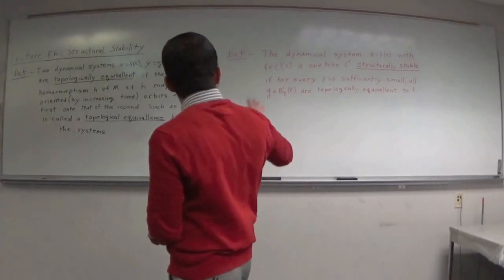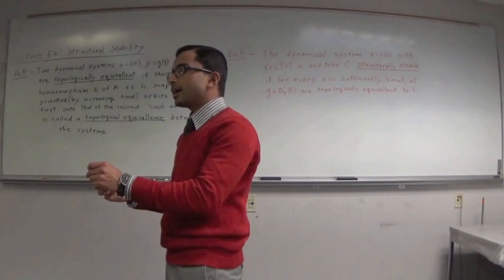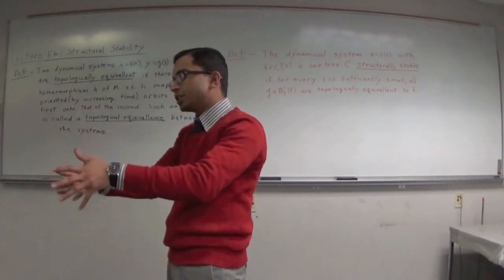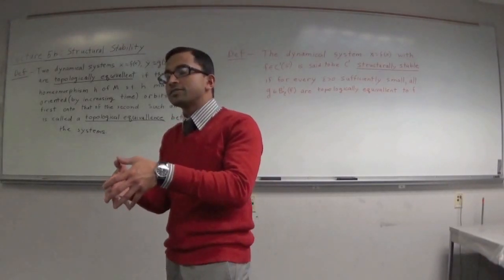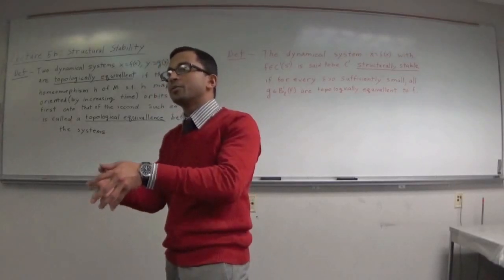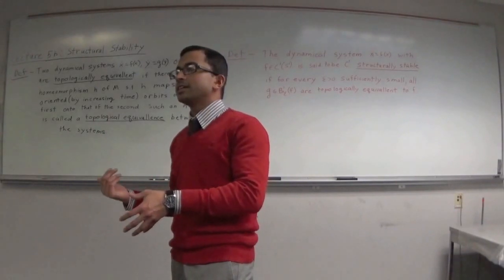So structurally stable would be if all dynamical systems in that region, all these g's close enough to f, all of them will act the same as our original dynamical system. So that's the idea about structural stability.